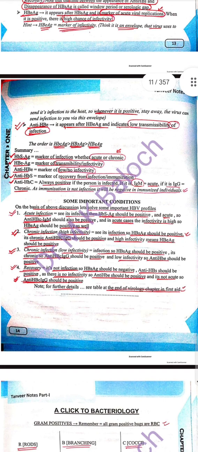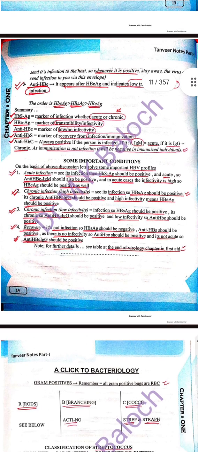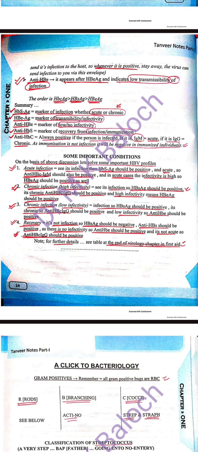Some important conditions: on the basis of the above discussion, let's solve some important HBV profiles. Acute infection: C is for infection, so HBs antigen should be positive, and as it is acute, anti-HBc IgM should also be positive.